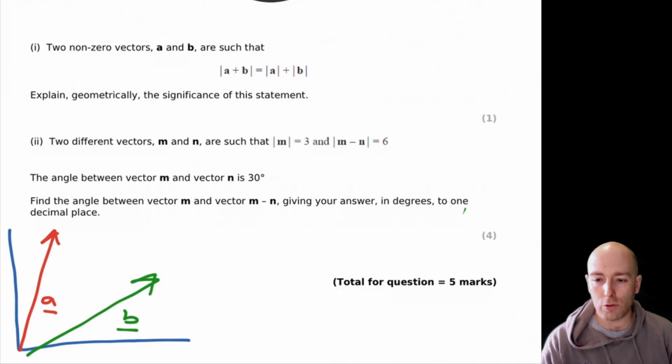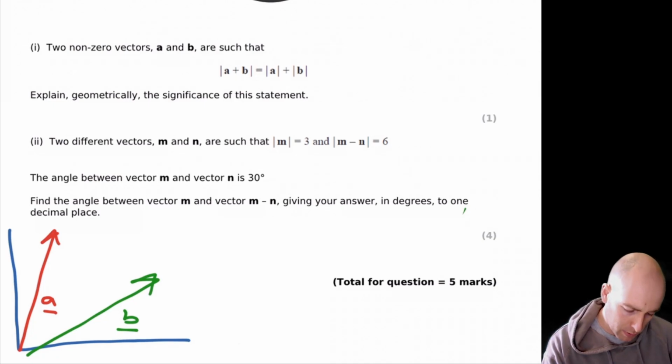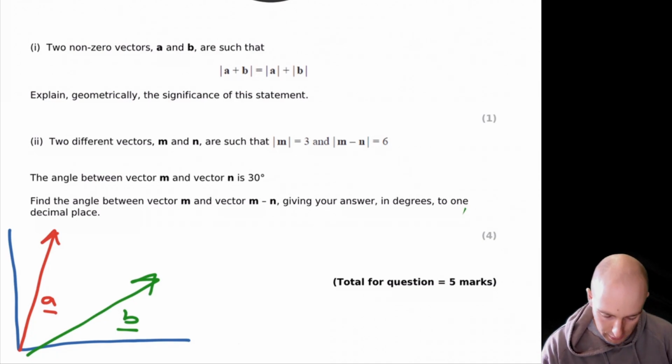So if I wanted to draw A plus B, I don't think there is, because you want to try and find an angle, Sam, so I don't think that'll help you. Yeah, if you want to draw A plus B, we can literally just tag B onto A. So I'm going to just put B on there.